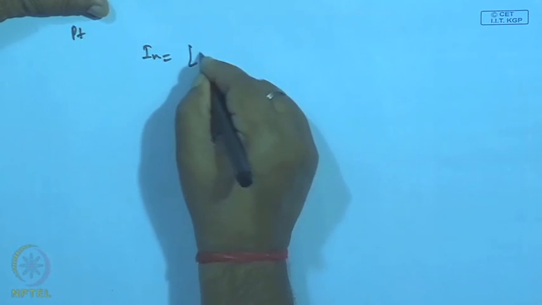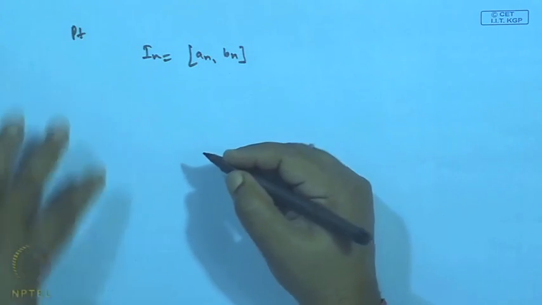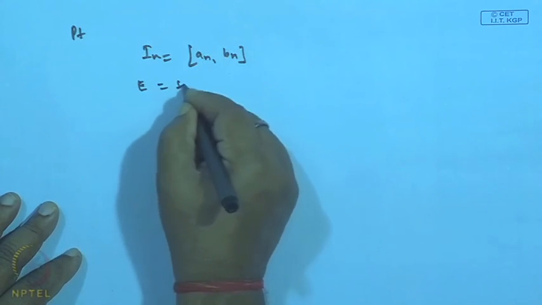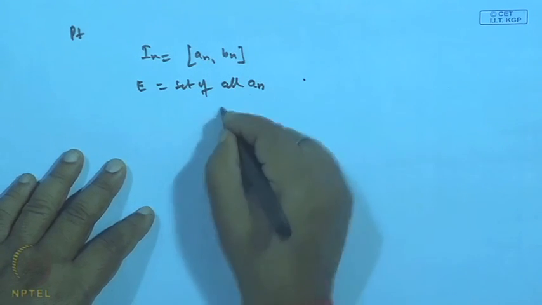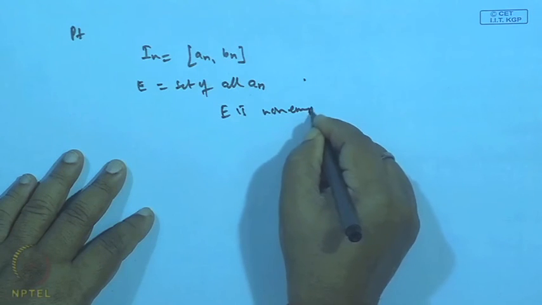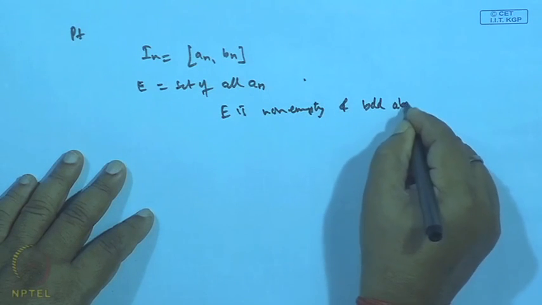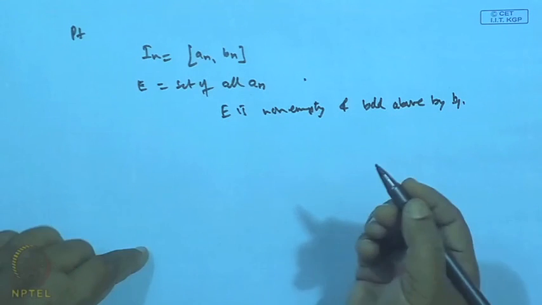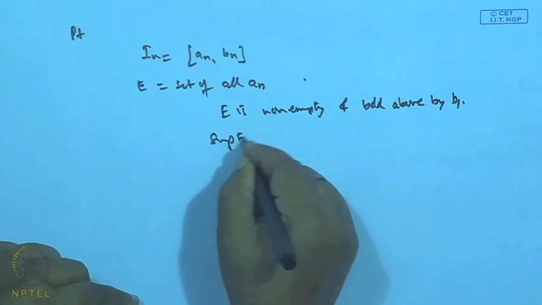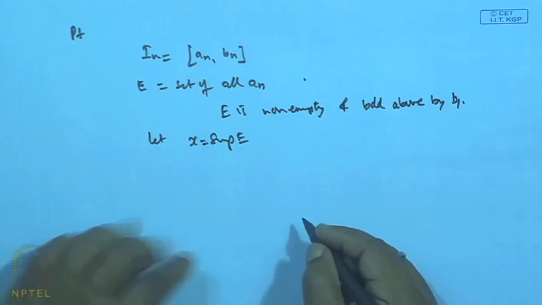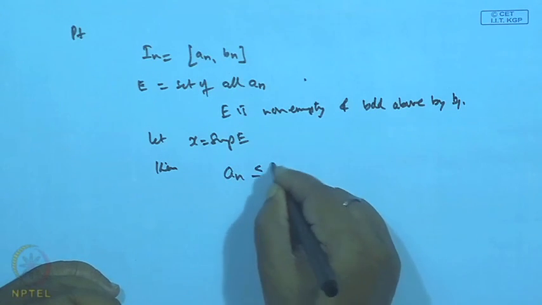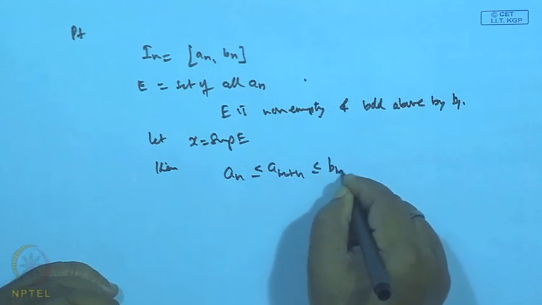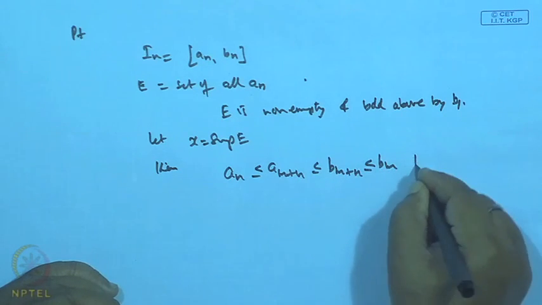The proof is very simple. Suppose I take In equal to [An, Bn], closed intervals, and let E be the set of all Ans. Then obviously E is non-empty and bounded above by B1, so let the supremum of E be X. Then clearly An is less than or equal to A(m plus n), which is less than or equal to B(m plus n), which is less than or equal to Bm.